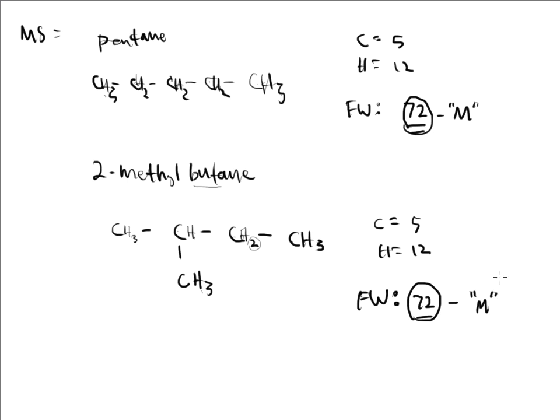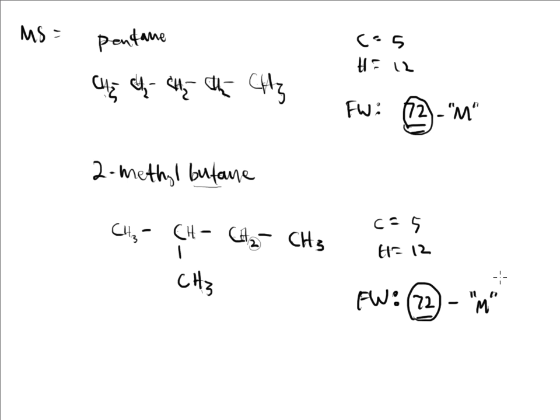Now remember, in a previous video I told you, we cannot just look at M peaks to identify a compound. The fragmentation pattern is very important. This is why. 2 different compounds, made up of the same number of carbons, the same number of hydrogens, which means that they have the same parent ion peak or molecular peak.